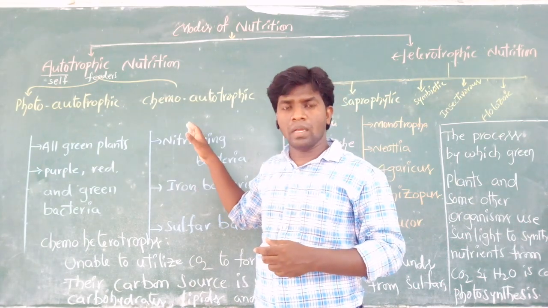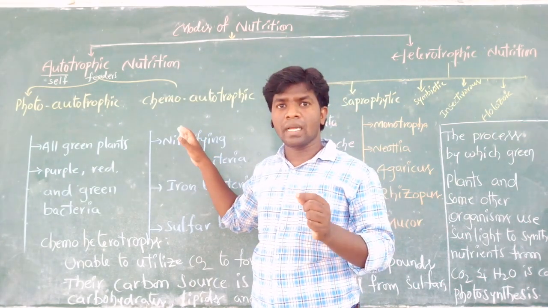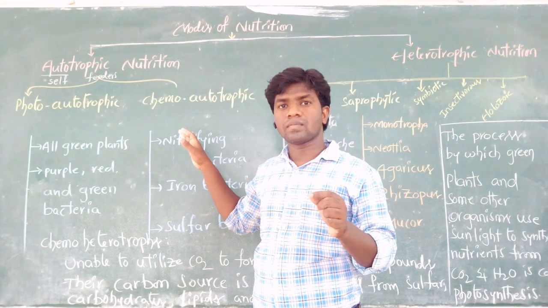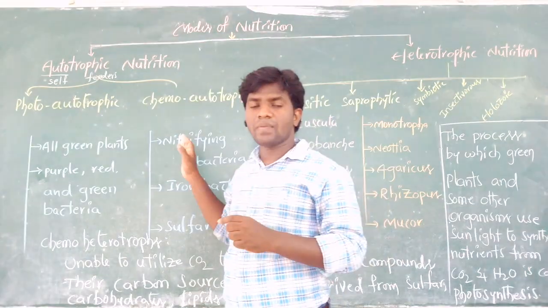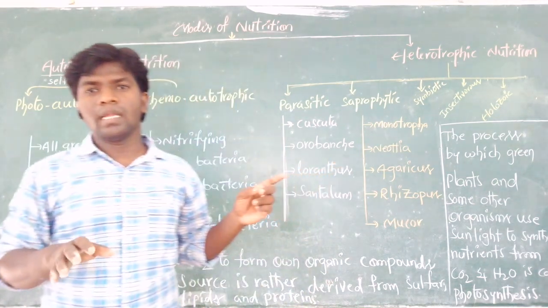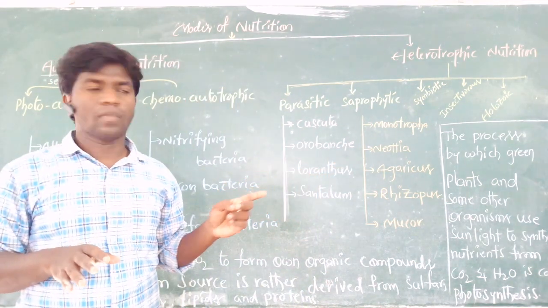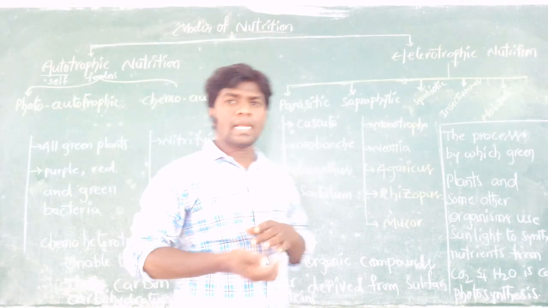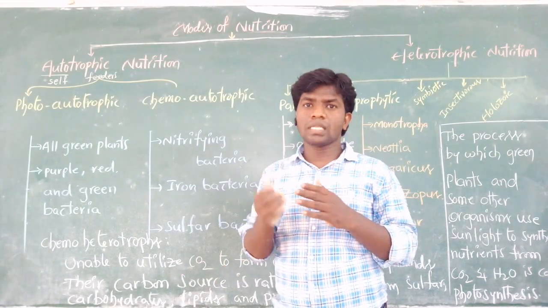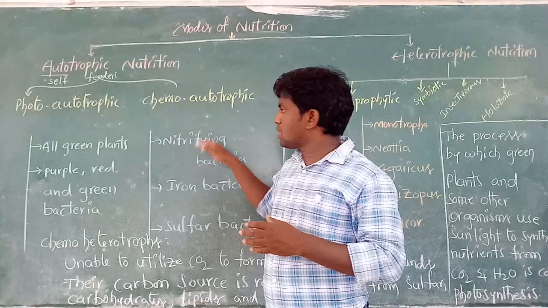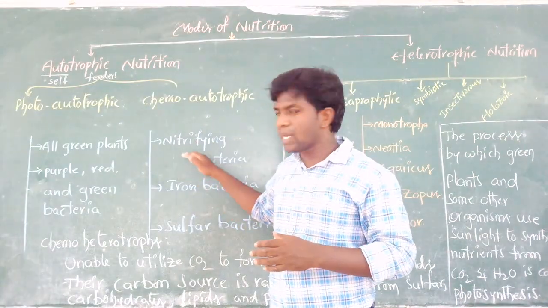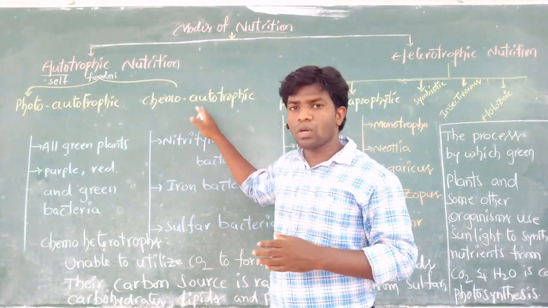Nitrifying bacteria get energy by oxidation of inorganic substances. These are examples of chemoautotrophs.